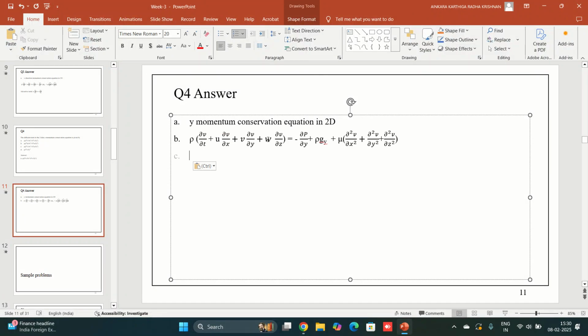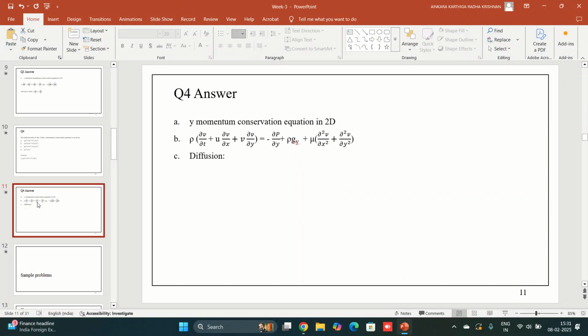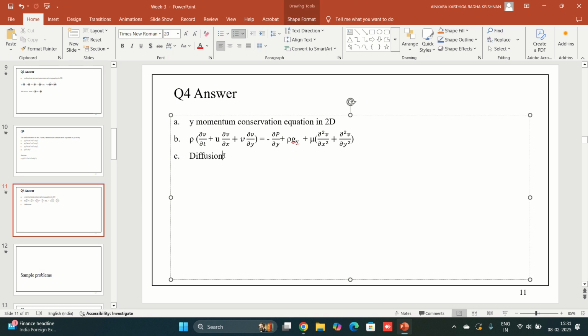So for 2-dimension, we are removing these components. So this is the advection term. Now for diffusion term, it is like diffusion happening by means of viscous transfer, right? So the diffusion term is this one, mu into dou square v by dou x square plus dou square v by dou y square.